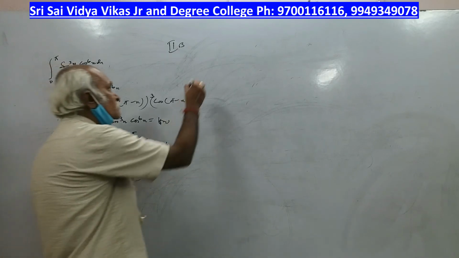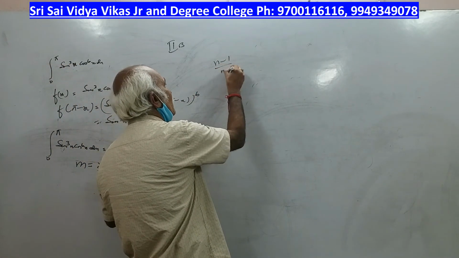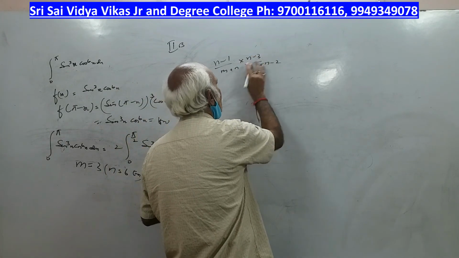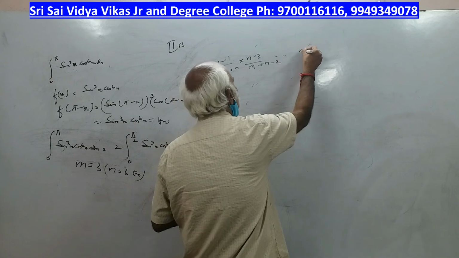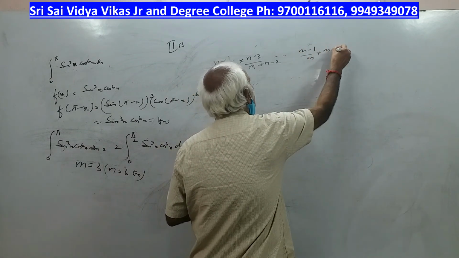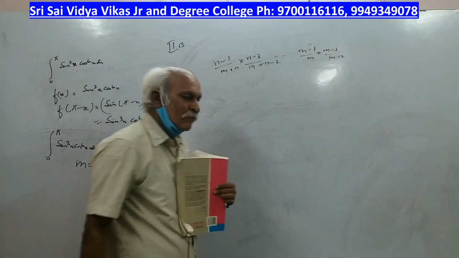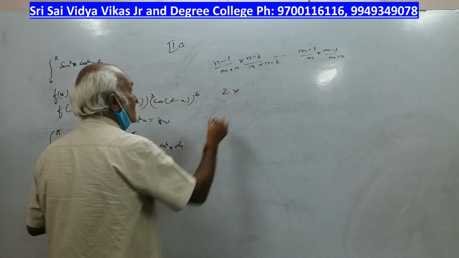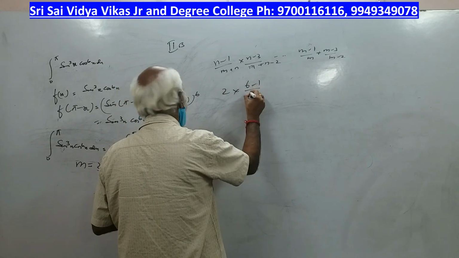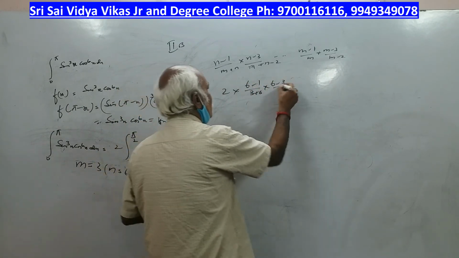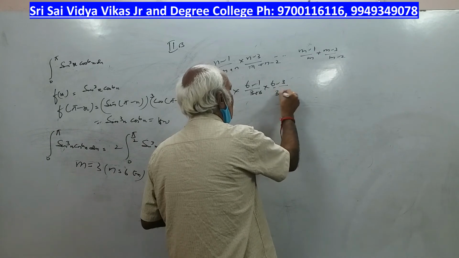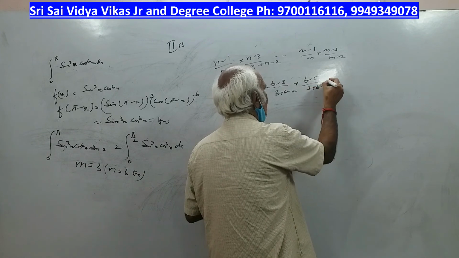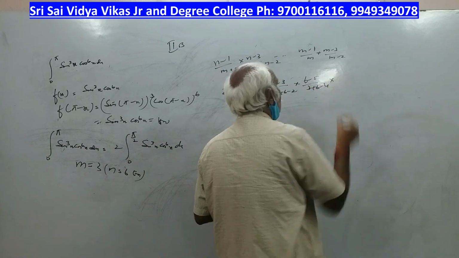So formula: n minus 1 by m plus n, n minus 3 by n, and so on and so forth, m minus 1 by m, like this we have tried. Okay, again 2 is there. n value is how much, sir? 6. 6 minus 1 by 3 plus 6, 6 minus 3 by, into 6 minus 5, 4 into, next one m minus 1.